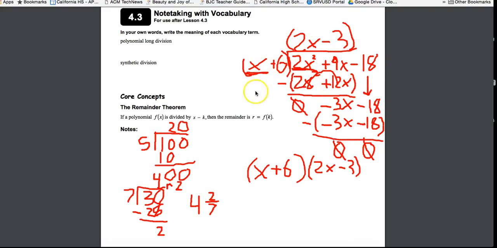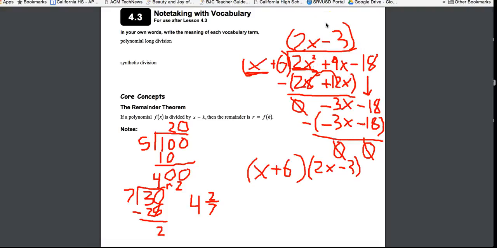So your divisor times your quotient should give you the dividend. Now, that is just an easy example. This was a trinomial divided by a binomial, and it went in perfectly with no remainder. So, we got this nice even answer here.